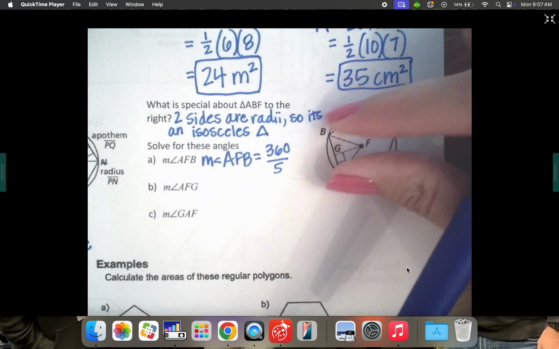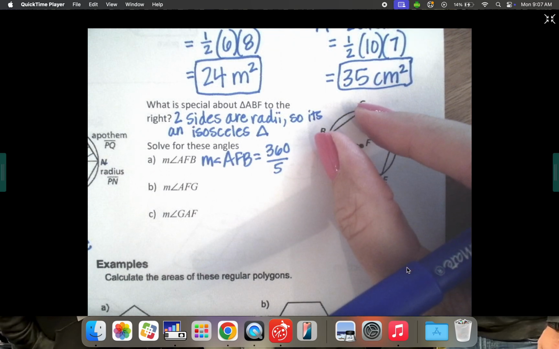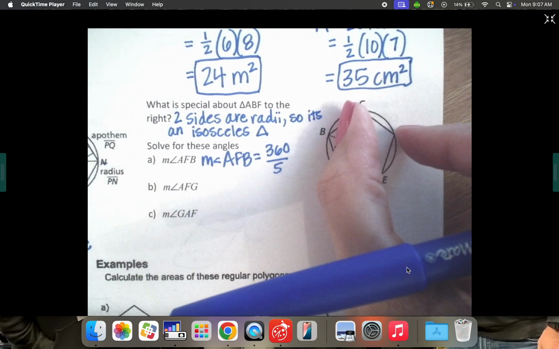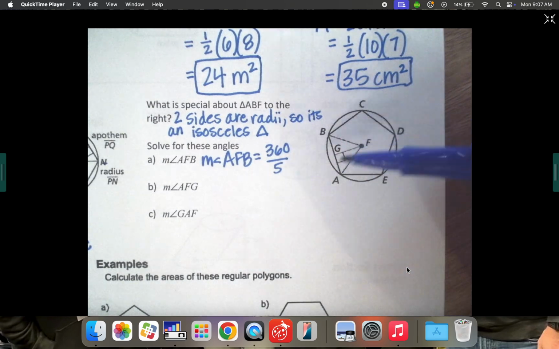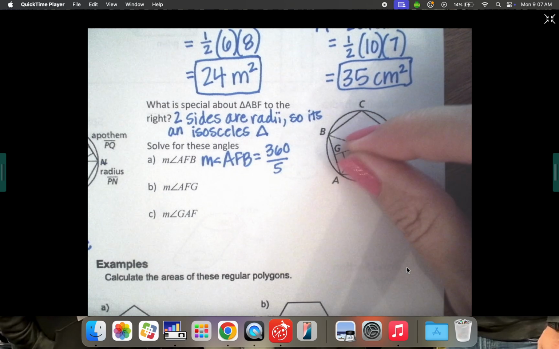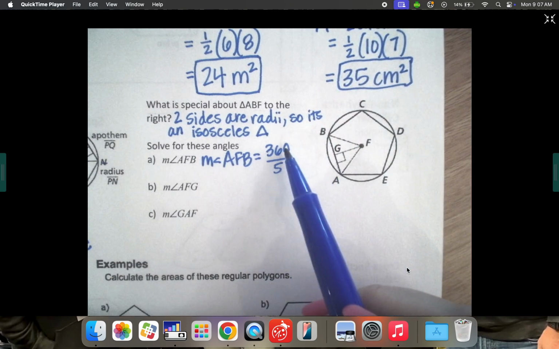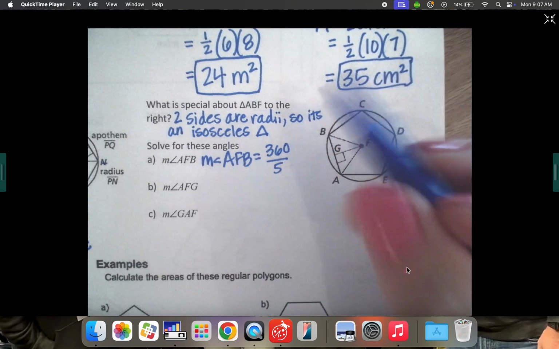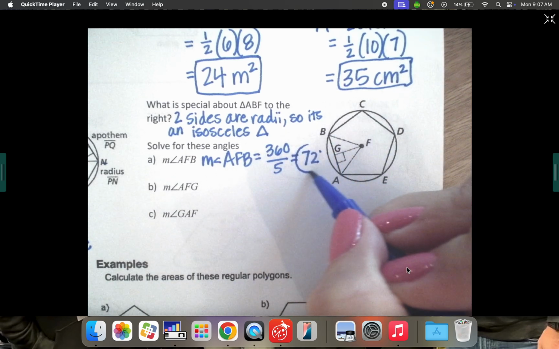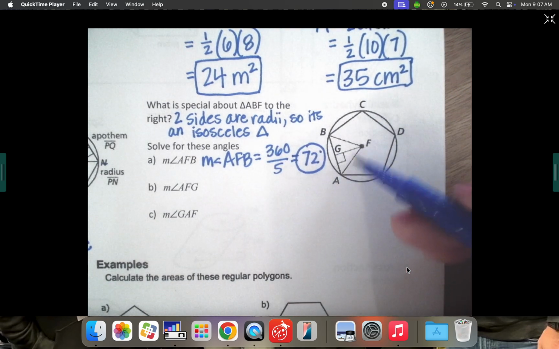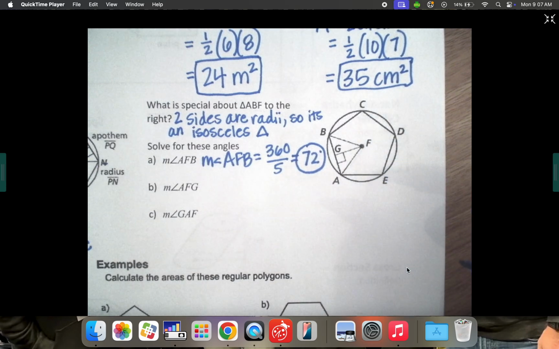It would make one here, and also here, here, here, and here. Since this is a pentagon and it has 5 sides, there would be 5 central angles off of it. So we take the 360 and divide it by the 5. That would be 72 degrees. So there's our answer for that central angle.